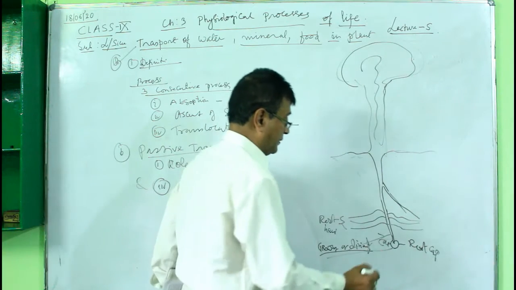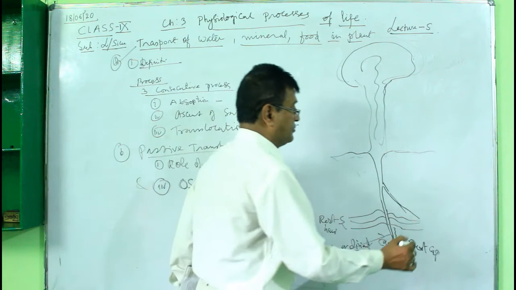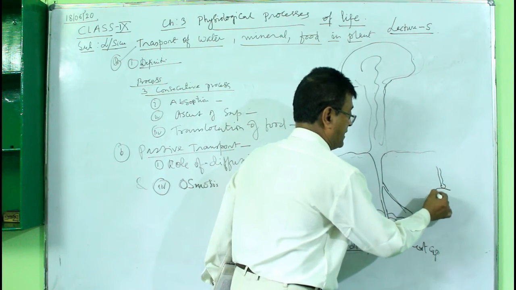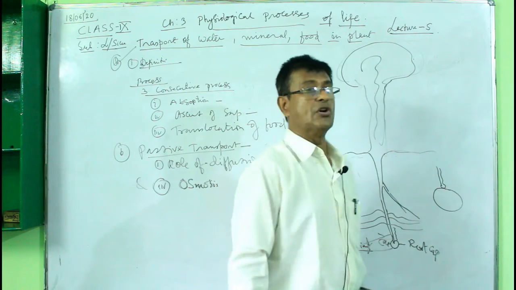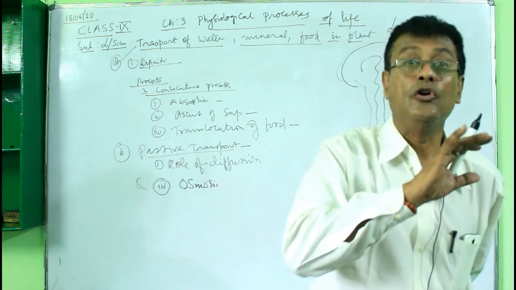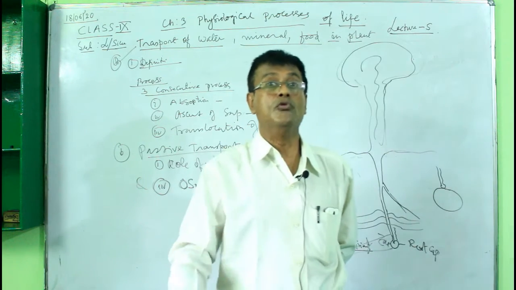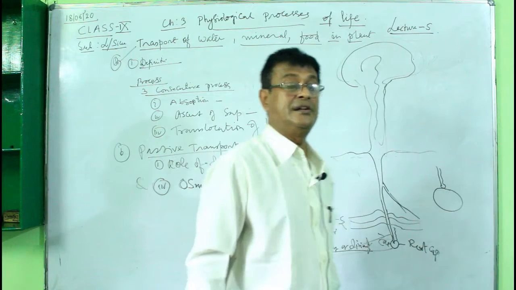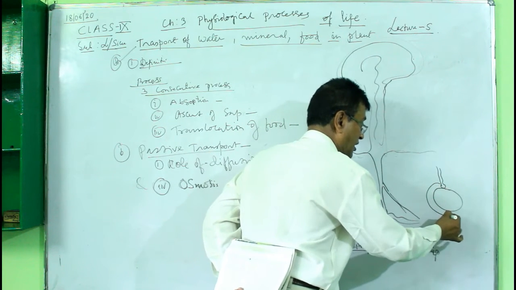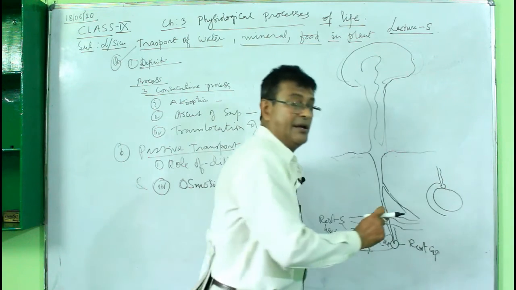You see, this part grows, and if they come, this is the root cap, in front of the stone, they don't have the power to penetrate it. The plant root has no power to penetrate the stone or the log of wood. Then what happens? They will either bend this way, or they will come over the stone, or they will go through that way.